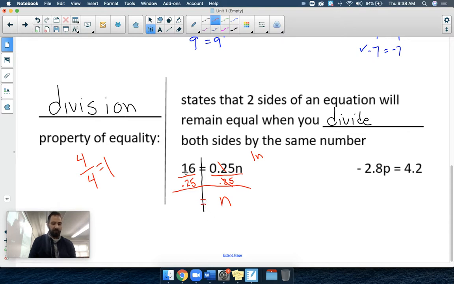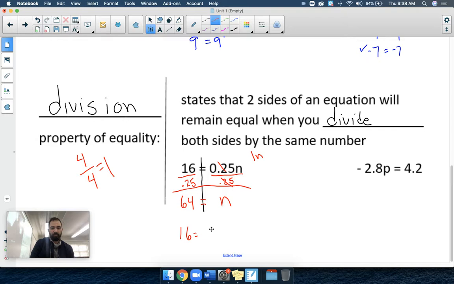What's 16 divided by 0.25? If you don't know, bust out your calculator. 16 divided by 0.25 ends up being 64. Now I want to see, does n equal 64? Is that a solution to our problem? Let's plug it in, using substitution.